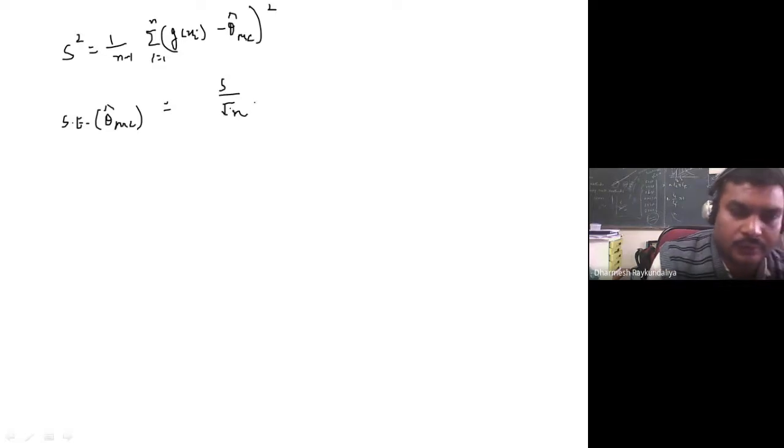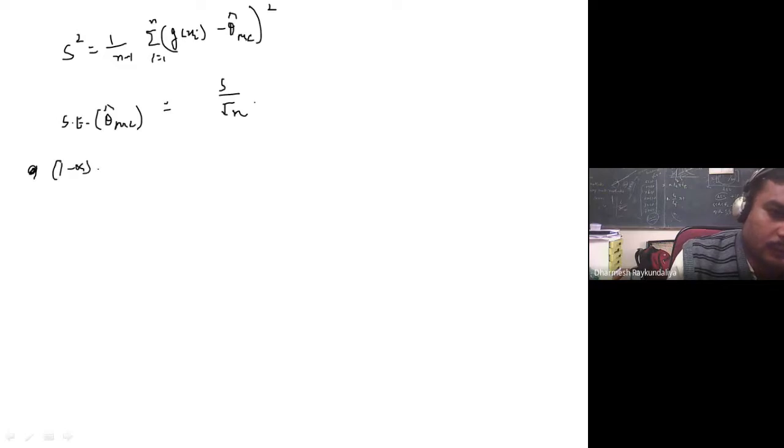Okay, and the confidence interval formula is also the same. The 1 minus alpha percent confidence interval of theta is theta hat MC plus or minus z alpha by 2 into the standard error.